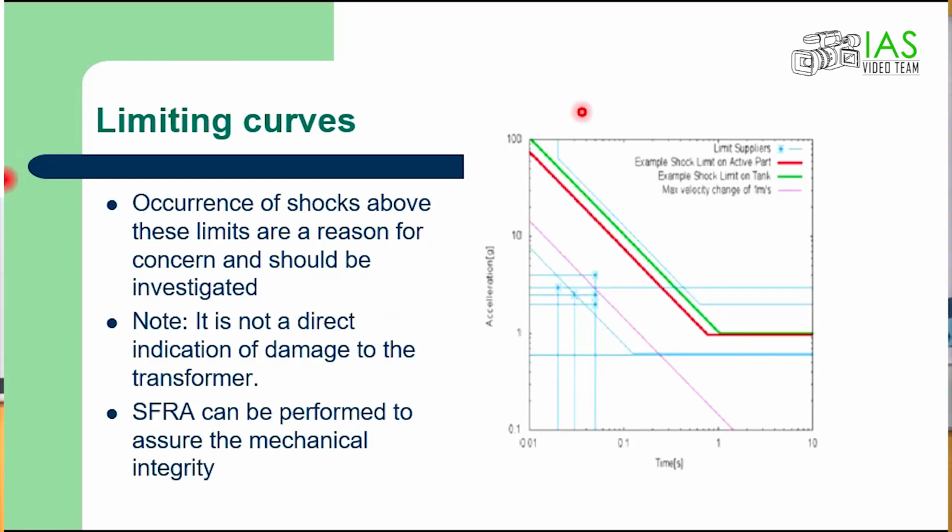Occurrence of shocks above these limits are the things that are taken into consideration, and it is not a direct indication of damage to the transformer.